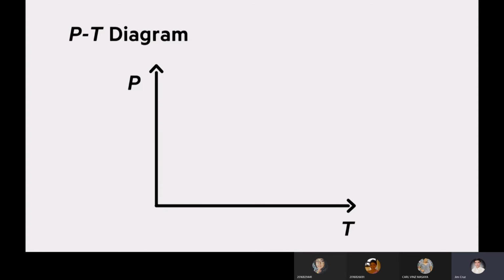The three phases are separated from each other by so-called separation lines. We have the sublimation line, which divides the solid and the vapor phase. The sublimation line ends at the triple point, which is the point where all three phases coexist. There is a melting line between the solid and the liquid phase, and the vaporization line between the liquid and the gaseous phase.